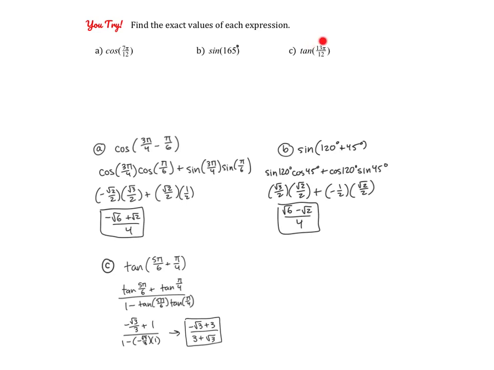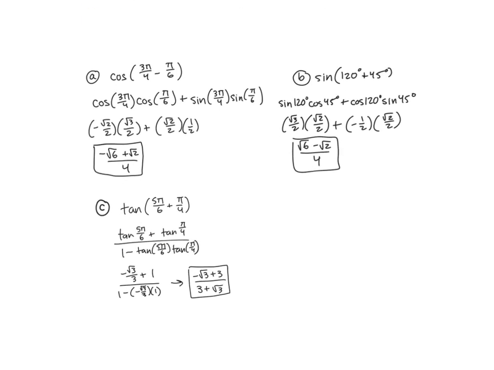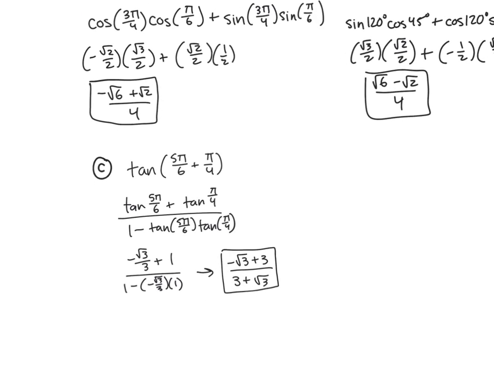And last, 13 pi over 12, you can rewrite that by saying 5 pi over 6 plus pi over 4. Remember, this is 10 pi over 12 plus 3 pi over 12, so 13 pi over 12. Again, expand it out and then simplify. So here is an example where you end up with a complex rational expression because tangent of 5 pi over 6 is negative root 3 over 3.